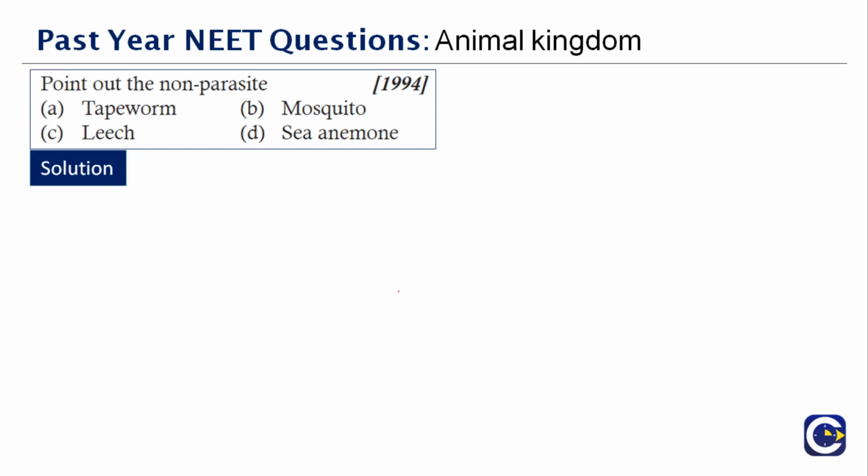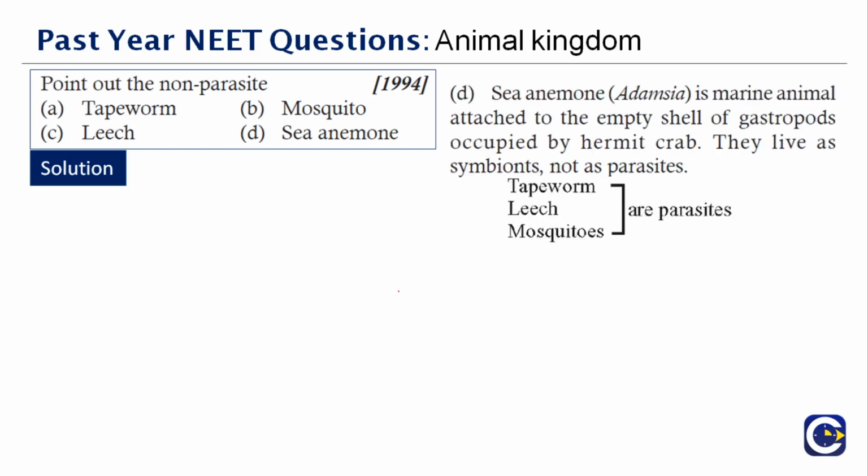Sea anemone is a marine animal that is attached to the empty shell of gastropods occupied by hermit crab. They live as symbionts and they never act as parasites. Therefore, the correct answer is option D, sea anemone. Tapeworm, mosquito and leech are all parasites.